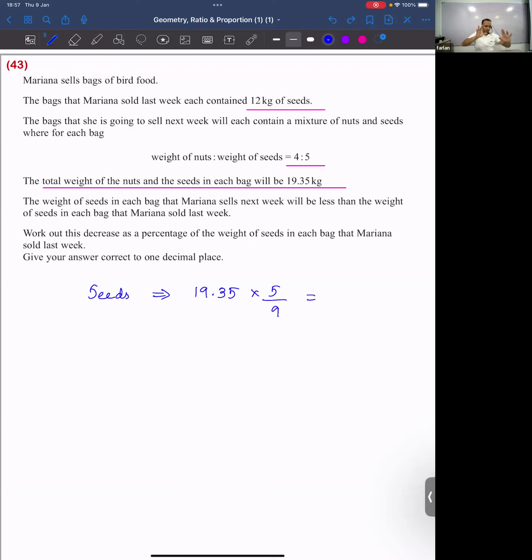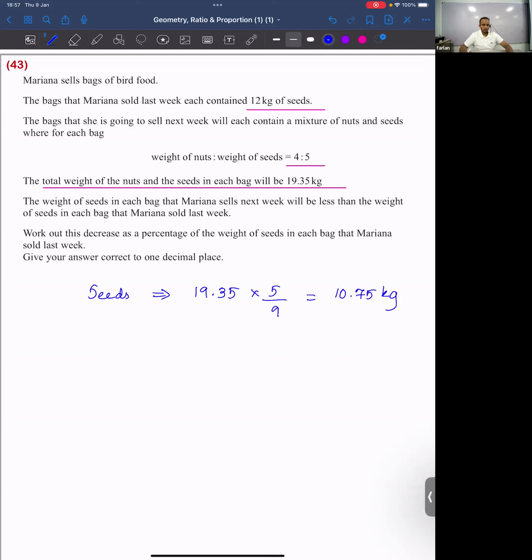So the amount of seeds in that bag will be 19.35 into 5/9. That is 10.75 kilograms of seeds.